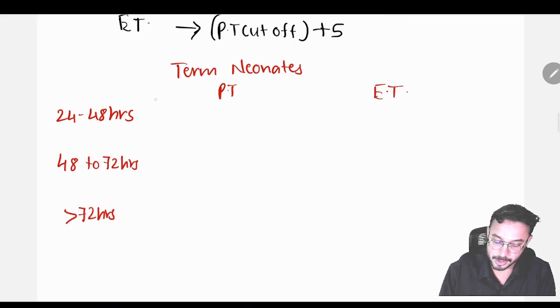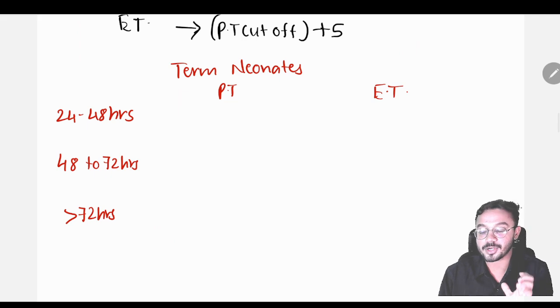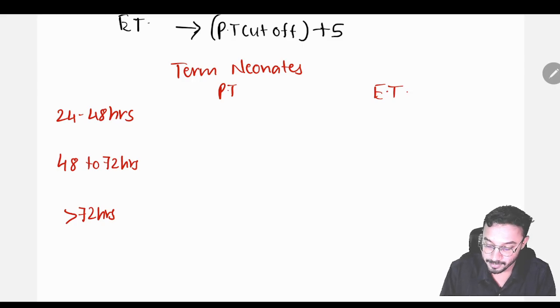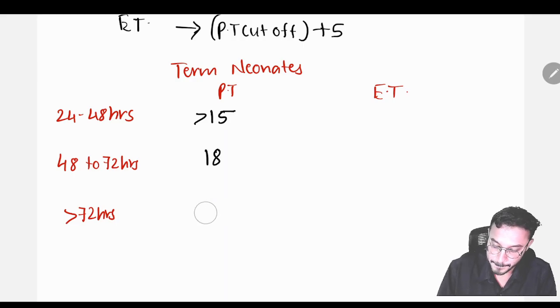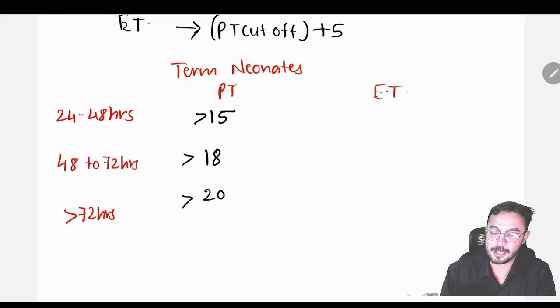And in term babies, this is very important. At 24 to 48 hours, you are going to start phototherapy if the serum bilirubin level is greater than or equal to 15. At 48 to 72 hours, it's 18, and after that 20. And for exchange transfusion, look at the hours over here.